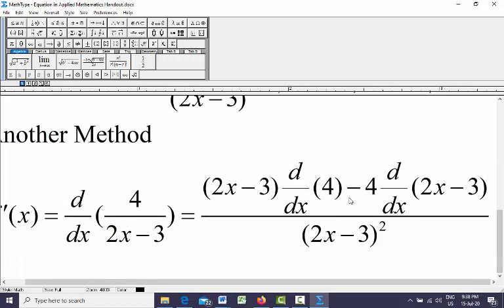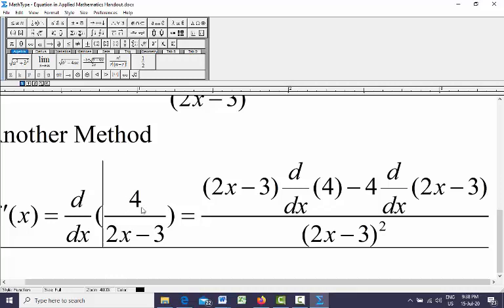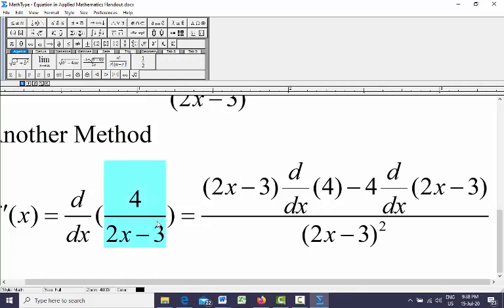So pay attention. Let me explain it again. When you have something like that, this is 4 divided by 2x minus 3, so we can apply the division rule of differentiation. In such a case, whatever you have in the denominator, we will square it.